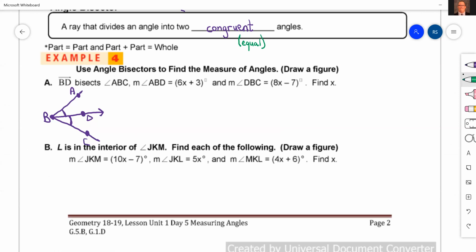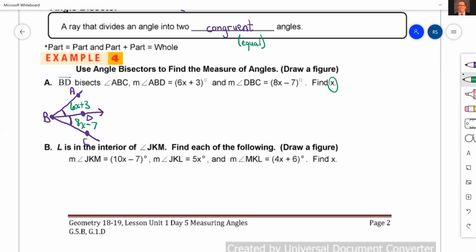Okay, let's see what else they tell us. They say ABD, so the top angle, is 6x plus 3. And DBC, the bottom angle, is 8x minus 7.